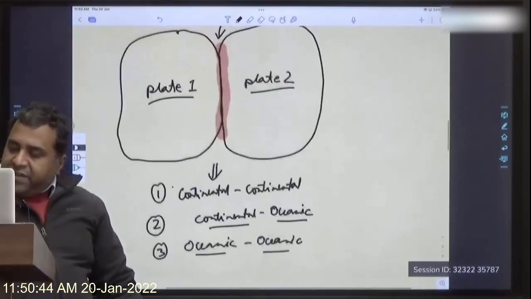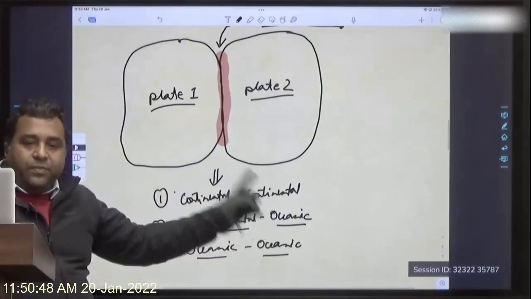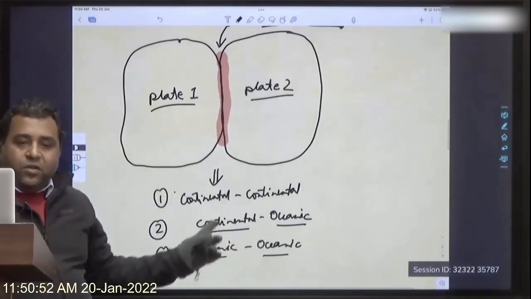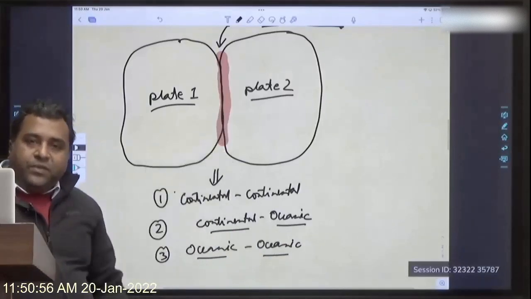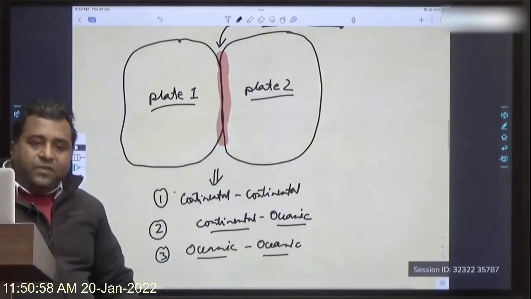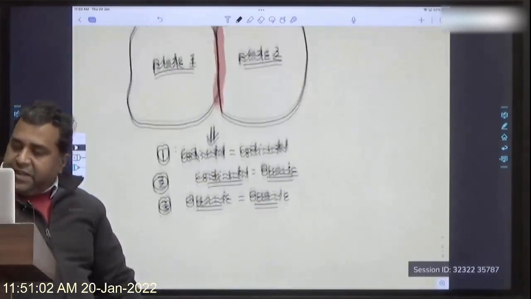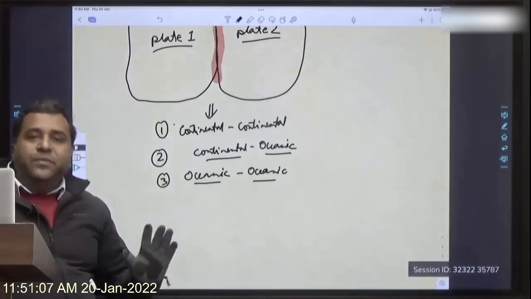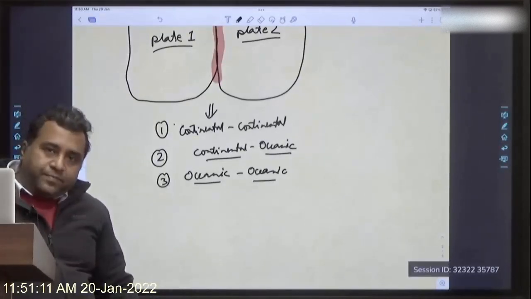Okay, so if we take these two plates, then we can have these three types of possibility: continental plates along this margin, oceanic plates along the margin, or continental-oceanic plates along the margin, depending on the types of crust we have on either side. Is this clear? Continental, continental; continental, oceanic; oceanic, oceanic. So these are the three possibilities along any margin of the plate.